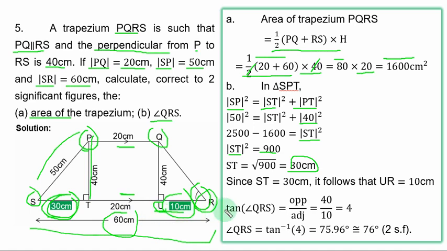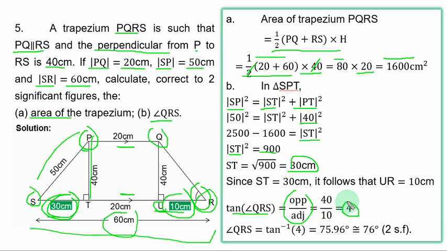So considering triangle QRU, for us to get angle QRS, it must be tangent, because for this angle, 40 is opposite, 10 is adjacent, and the trig ratio that connects opposite and adjacent is tan. So you have tan of angle QRS equal to opposite over adjacent. Opposite is 40 divided by adjacent 10, and you have 4.